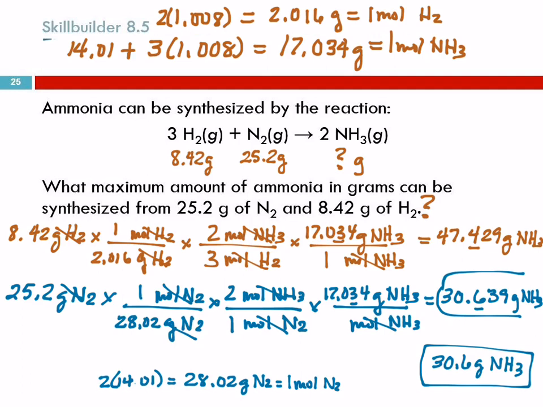In fact, let's calculate this. 8.42 divided by 2.02 instead, times 2 divided by 3 times 17.034. It comes out to 47.3 grams. So it made a difference in the last digit, the uncertain digit. If there's a difference of 1 or 2 there, it's nothing to worry about. And that's a good thing to remember on an exam.